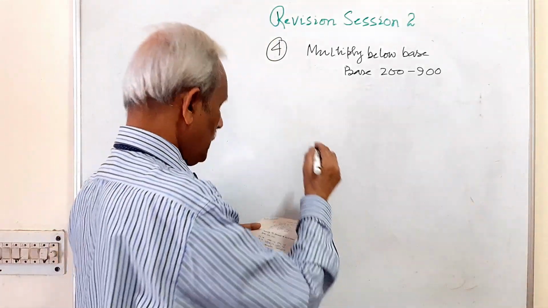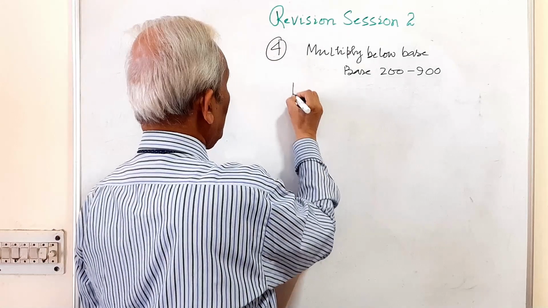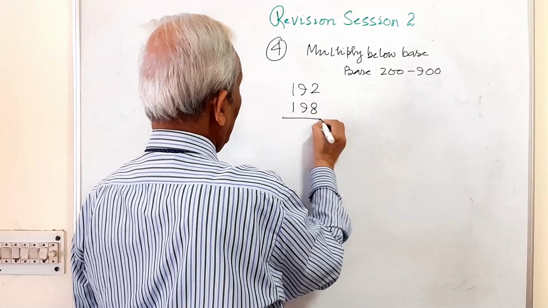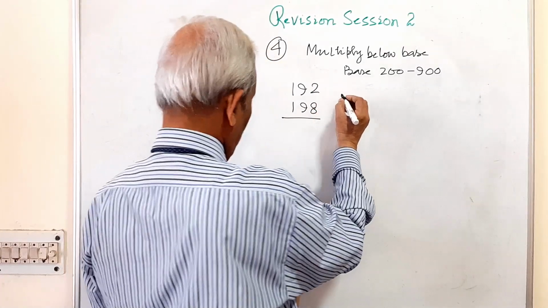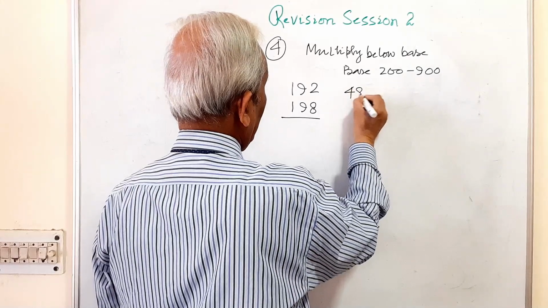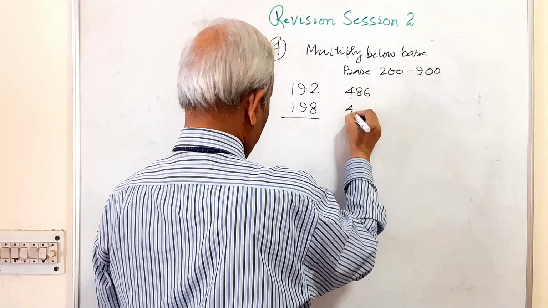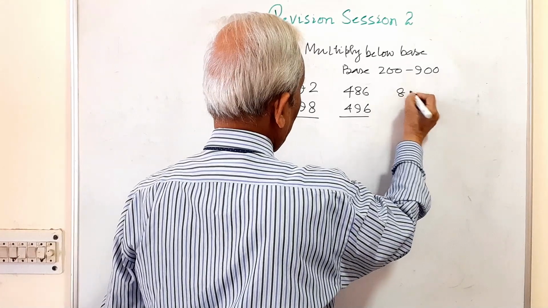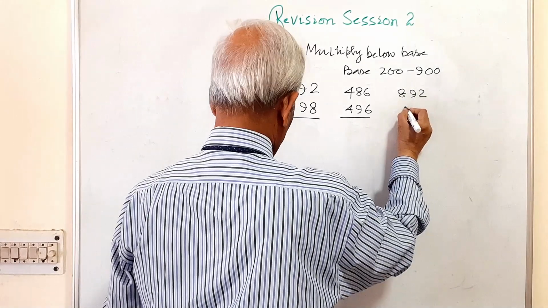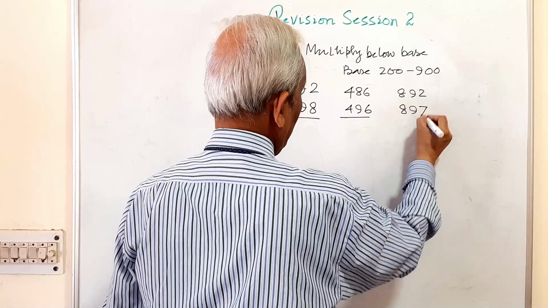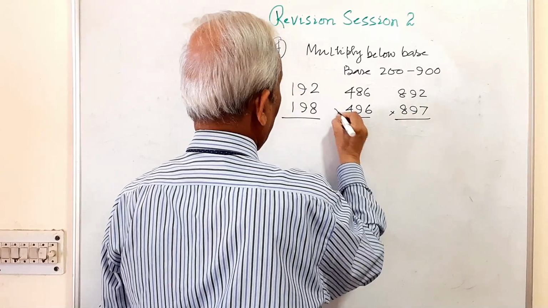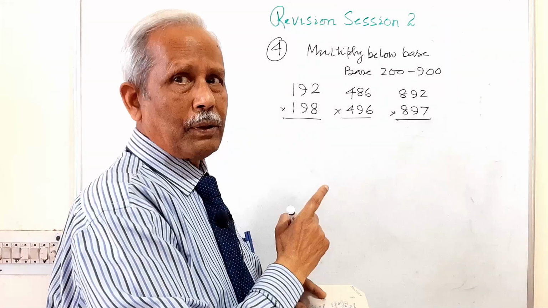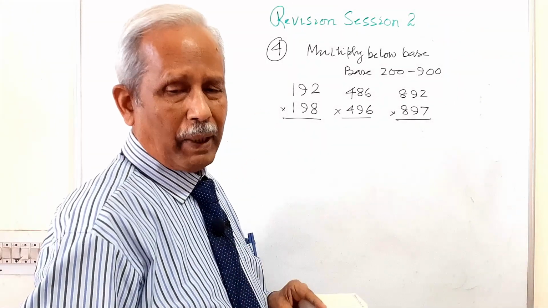So I'll give you three questions here. 192 into 198. Write down and try it yourself. 486 into 496, and then 892 into 897. Okay? Write it down, pause, try it yourself, then you come back.